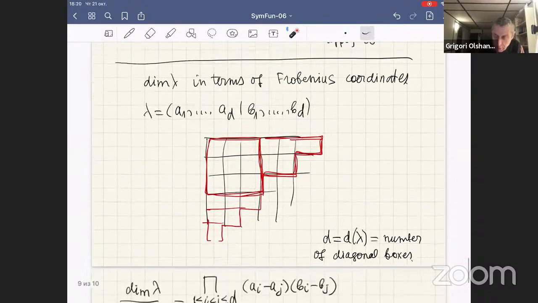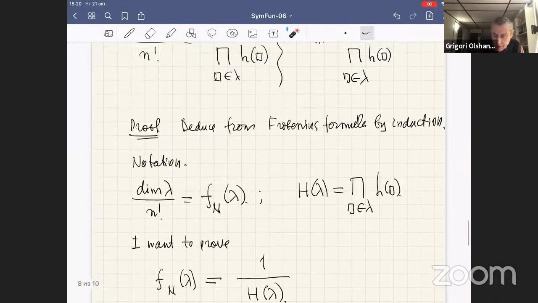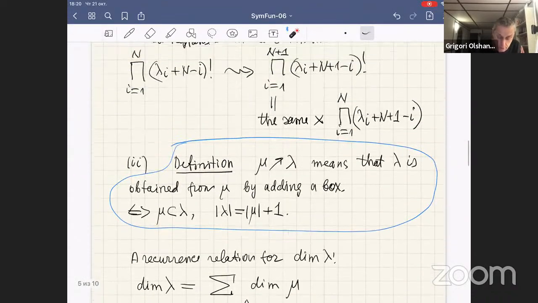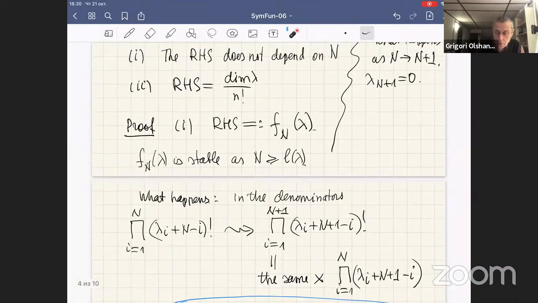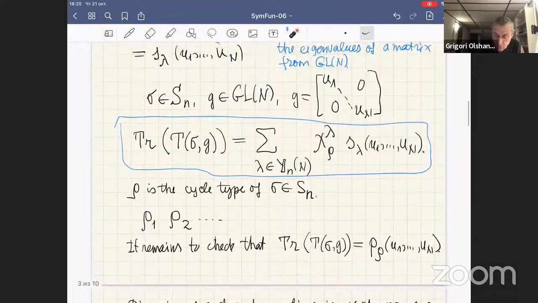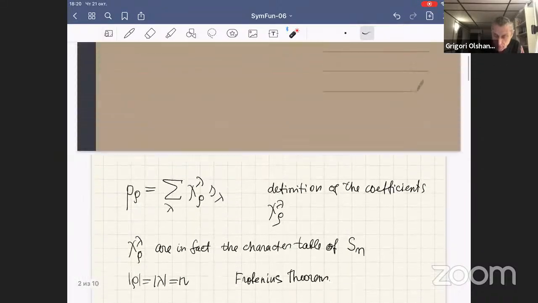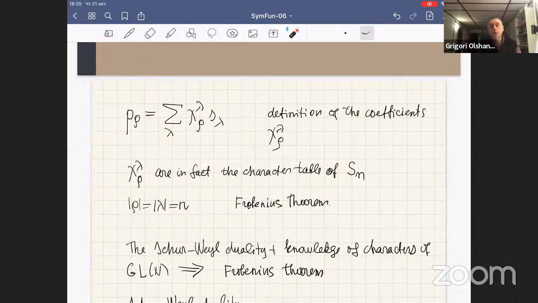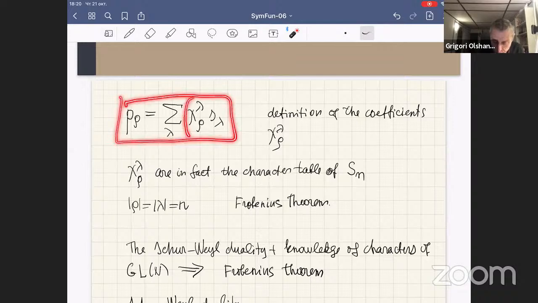So to conclude, what I tried to tell you: the Schur-Weyl duality, and the fact that the Frobenius formula for the characters is a kind of materialization of the Schur-Weyl duality, because if you write the Schur-Weyl duality as an equality of characters, we compute the characters on the left, on the right, a materialization of this Schur-Weyl duality just gives us the Frobenius formula for the characters.